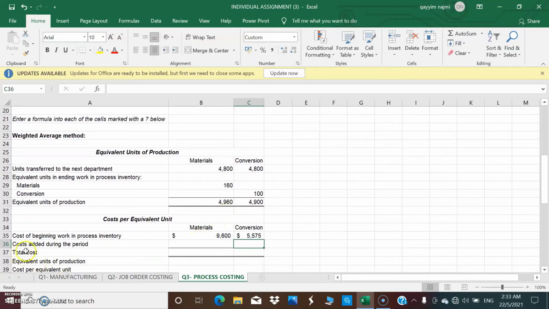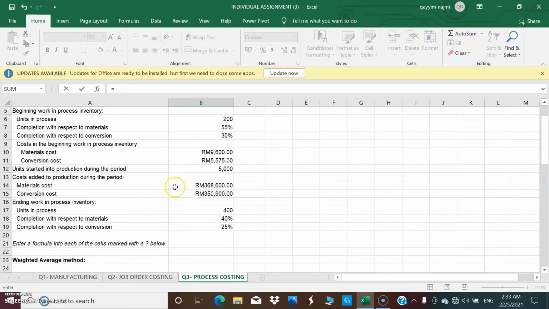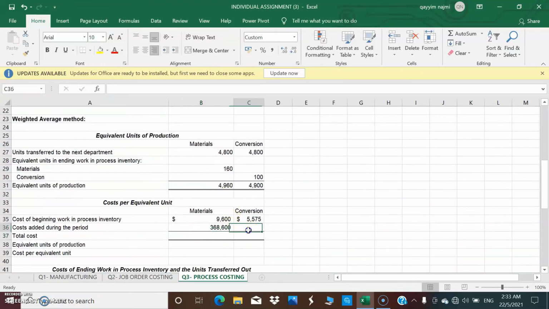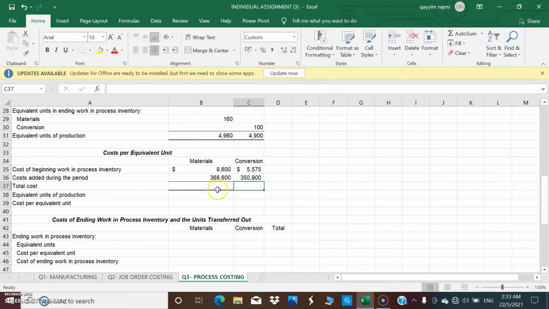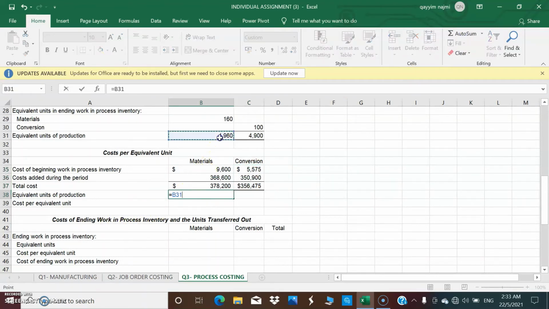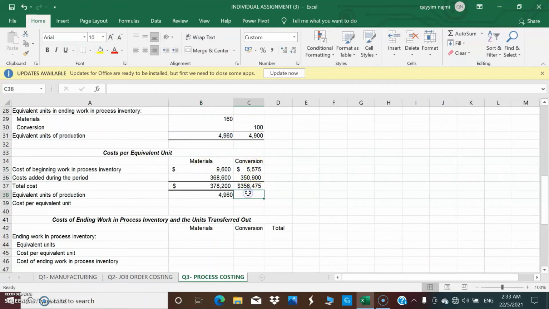The cost added during the period for material is 368,600, and for conversion it is 350,900. We total up for material and conversion. The equivalent units are 4,960 for material, and the conversion is above.